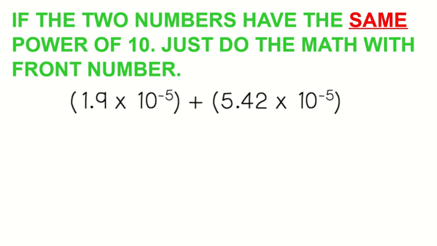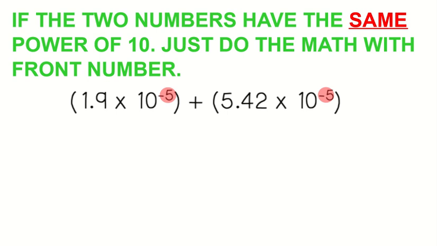If the two numbers have the same power of 10, so that means the same exponent, you just add or subtract with the front number. In this case, you can see we got the same exponents. We got a -5 and a -5.